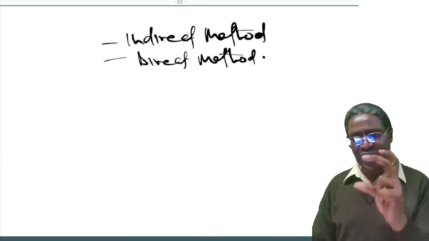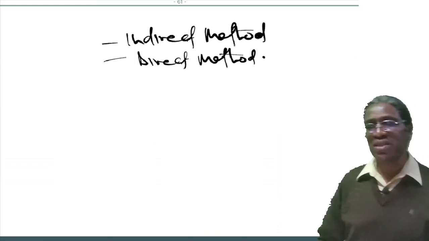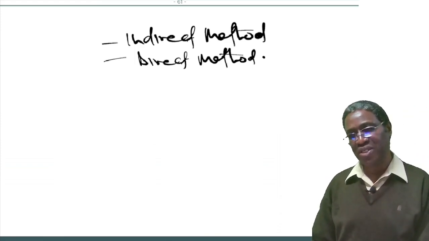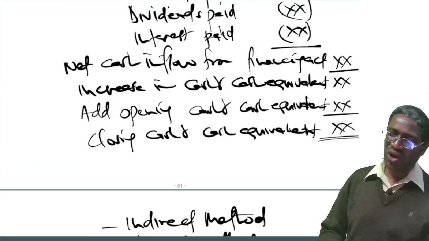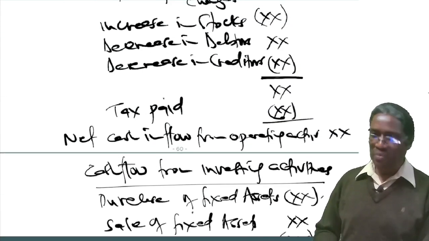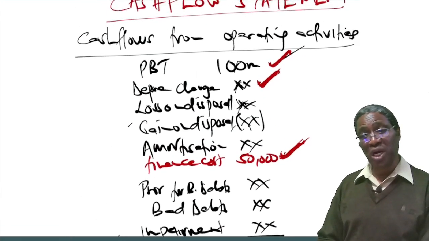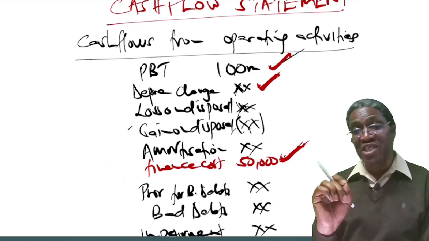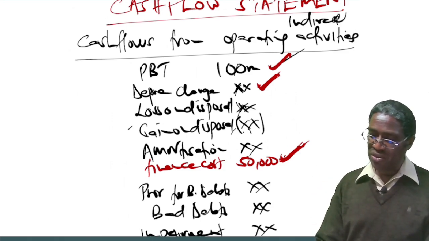The only difference is how you present the operating activities. The method I've used so far is the indirect method. It is the most commonly used method, where you present your cash flows from operating activities using what we are calling the indirect method. Good.